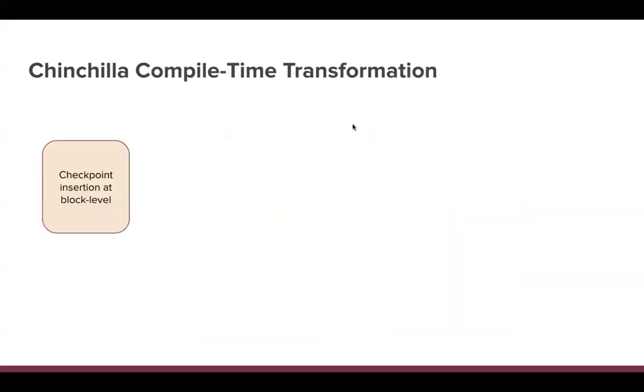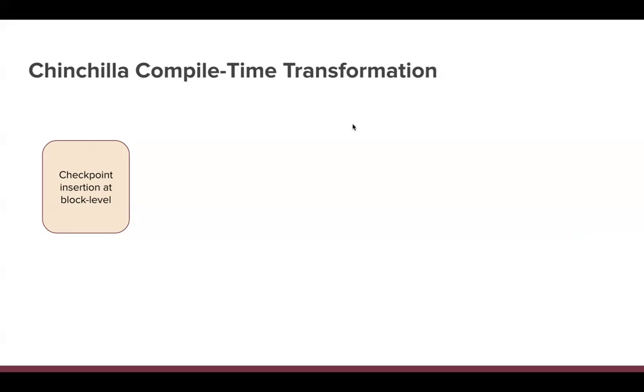So to understand Chinchilla, it works in two different phases. Chinchilla is implemented as a compile time transformation, where it does a bunch of compile time instrumentation and transformations to the program in order to make it intermittently executable. It also has a runtime support, which is used by this intermittently executable binary produced by Chinchilla in order to perform intermittent computation.